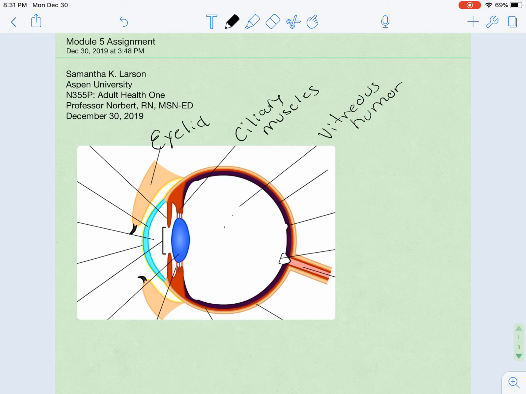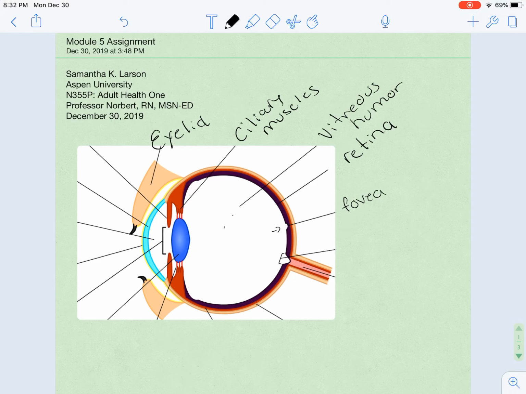Right below the vitreous humor is the retina. And the retina are basically light-sensitive cells, and they send impulses to the optic nerve. This little bulge right here, as you can see, is the fovea.